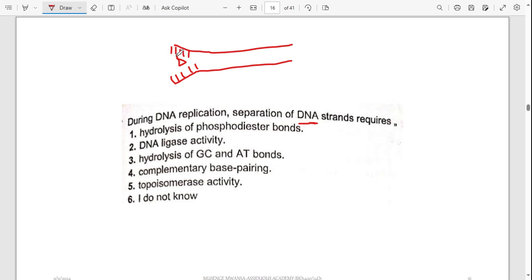What caused this first separation? It is helicase, isn't it? But what is helicase doing? Helicase will start breaking down the bonds between cytosine and guanine, and adenine and thymine. So it is hydrolysis of guanine and cytosine, and then adenine and thymine.